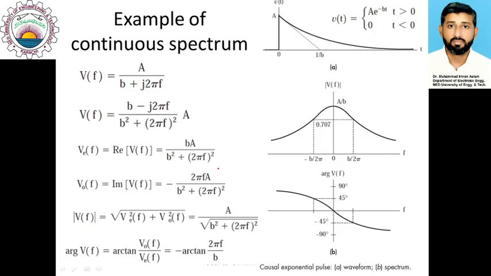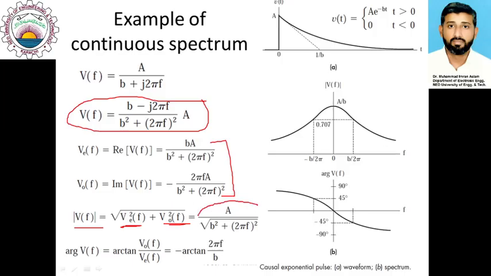If we calculate the amplitude of this complex number, we know that the amplitude is the square root of the real part squared plus the imaginary part squared. As we know both real and imaginary parts, we can simply substitute them here, and we would see that the amplitude spectrum would come out somewhat like this: a upon the square root of b squared plus (2πf) squared.